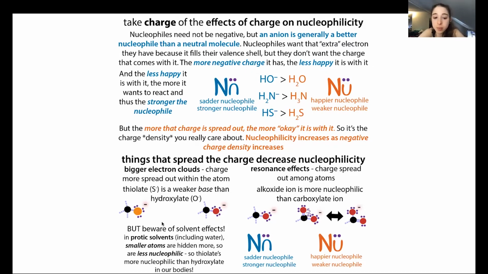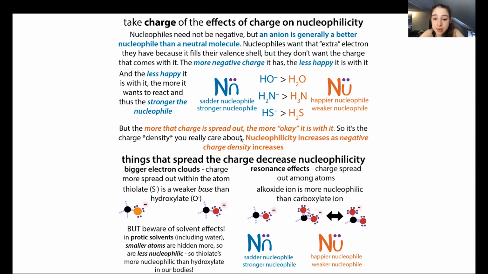But remember, we have to be aware of solvent effects, because in protic solvents, including water, the smaller atoms like oxygen are going to be more hidden, and therefore less nucleophilic because they can't find the thing to attack. This is why cysteine is going to be a stronger nucleophile, even though it's a weaker base.